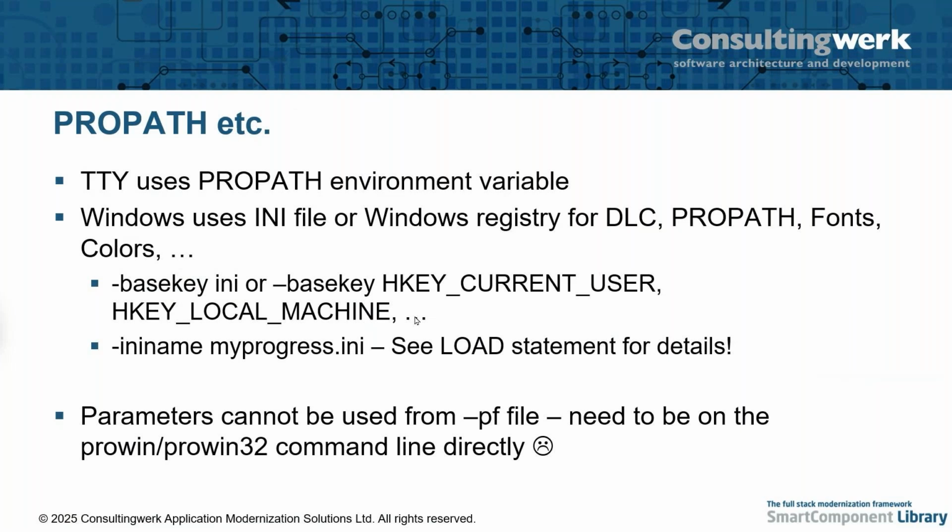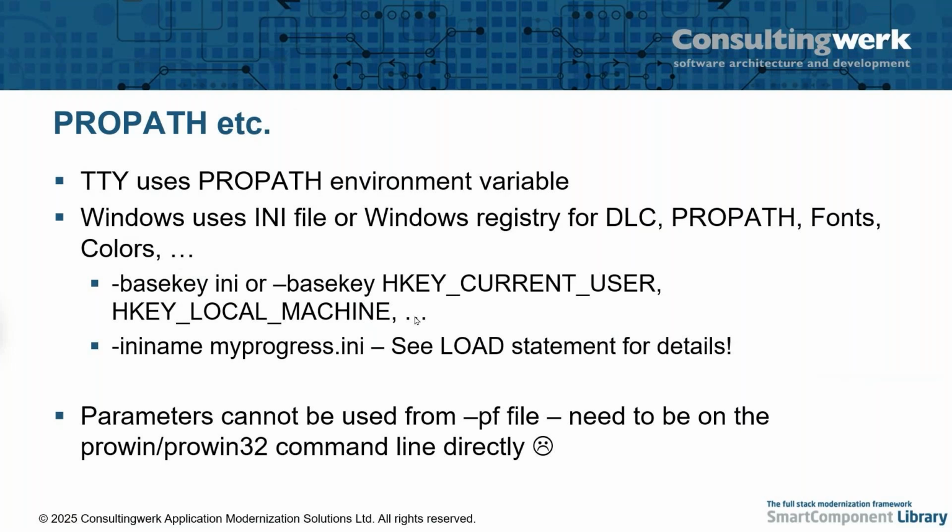To control where the Windows client reads its configuration from, there are two startup parameters, the -basekey startup parameter and the -ininame startup parameter. For whatever reasons, Progress does not support reading those startup parameters from a PF file, so they need to be added to the prowin command line directly.